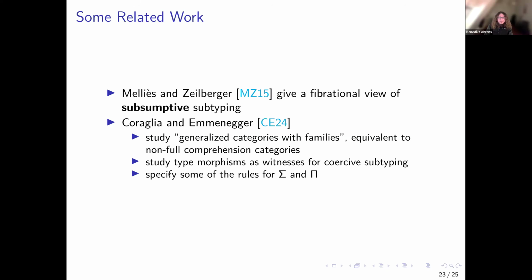And in that paper, they also specify some of the rules for sigma and pi. They do not discuss identity types, though. So, sloppily said, one can say that what we are doing is kind of completing Coraglia and Emmenegger's work and looking at it in more detail and figuring out some of the technicalities. I think that summarizes the relationship reasonably well.